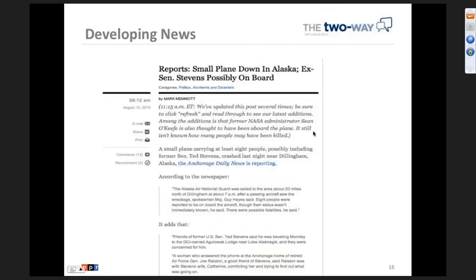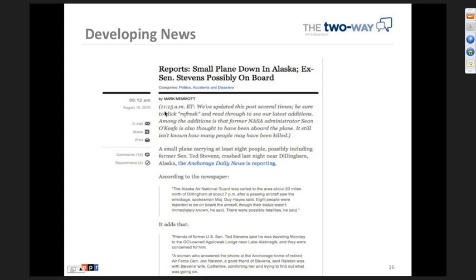So developing news is something you probably see a lot. I know there was a lot of developing news with this Oakland shooting a couple days ago, but this is a story from a couple years ago when the plane carrying the former Senator Ted Stevens had disappeared, or another plane had seen this crash and they were investigating it.